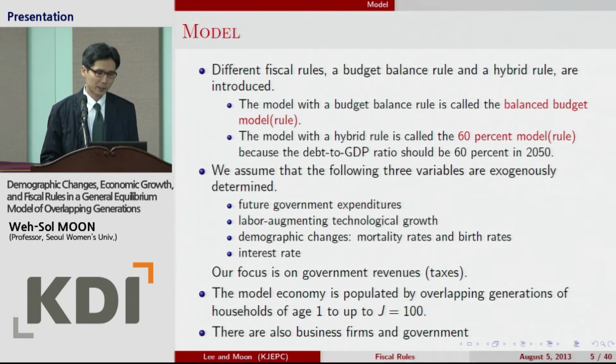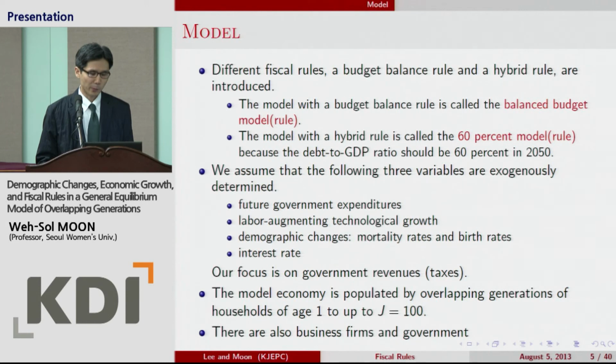We set this path given exogenously: labor augmenting technological growth and demographic changes, mortality rates and birth rates, which we calibrate from Statistics Korea projections, and the interest rate. We focus on government revenue, so only the income tax rate is changing over time.